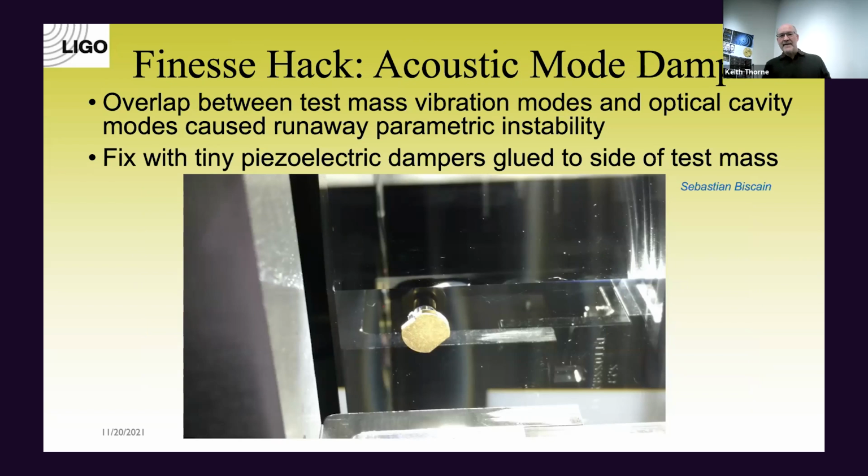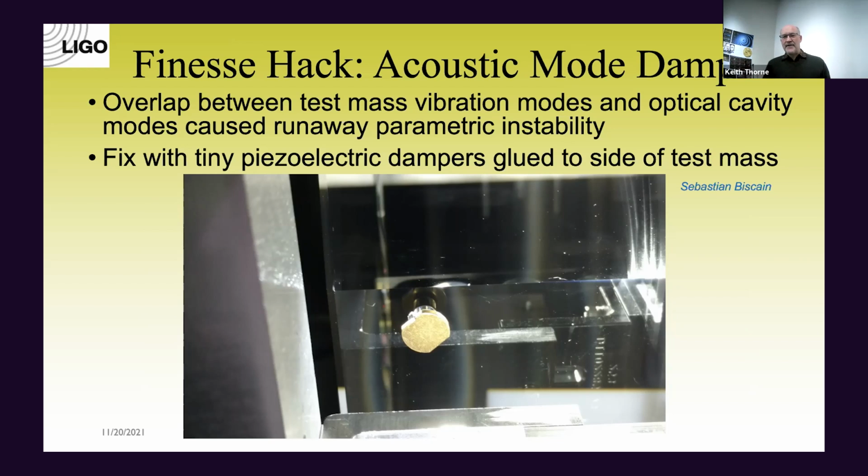And the final one are acoustic mode dampers. It turns out we had a problem that the mirrors do vibrate, like the drum modes. And if that frequency is the same as a resonant frequency for the optical system, you get runaway amplification, parametric instability. And we had a whole system to do that.